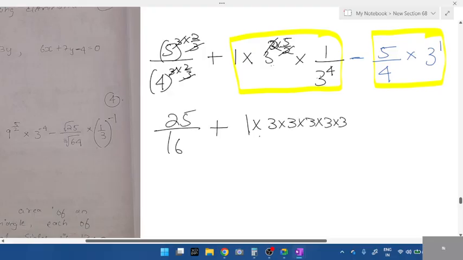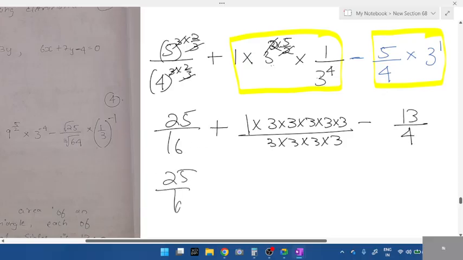I write how many times 3 is multiplied, down as well. Is it correct? You can do it like this. Into 1, just ignore that 1. In the denominator, 5 threes are 15, divided by 25 divided. Yes, tell me. Okay, 5 threes are 15.